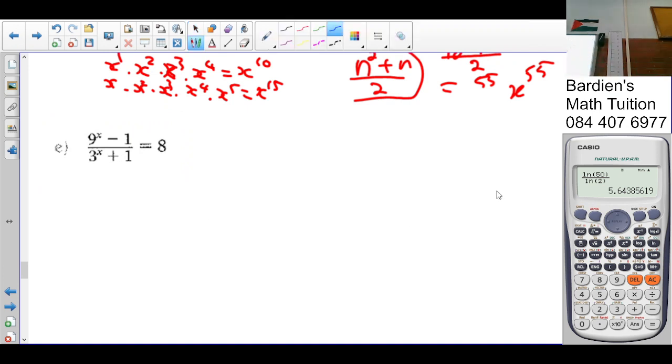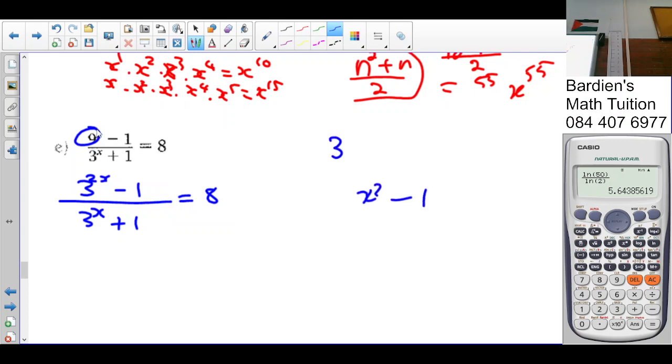So what we do here is, you see this is 9. Take it as 3 squared. 3 to the x minus 1 over 3 to the x plus 1 equals 8. Now if you got x squared minus 1, this will go into difference of 2 squares, x plus 1, x minus 1. But I replace a perfect square with a 3. So I say 3 to the 2x minus 1. You see there's a perfect square.